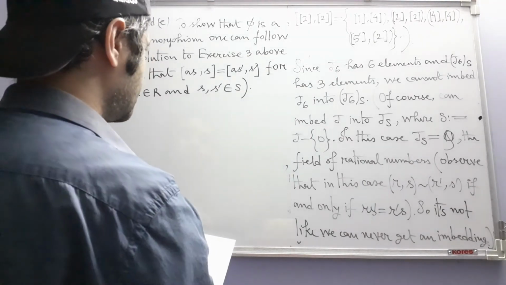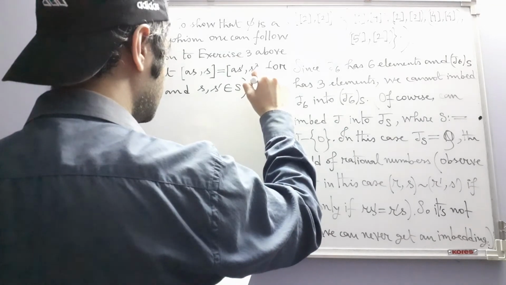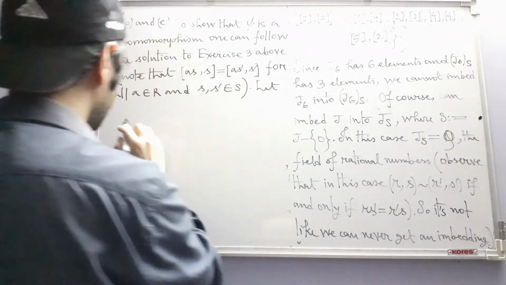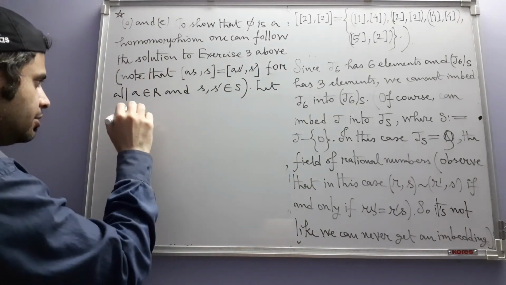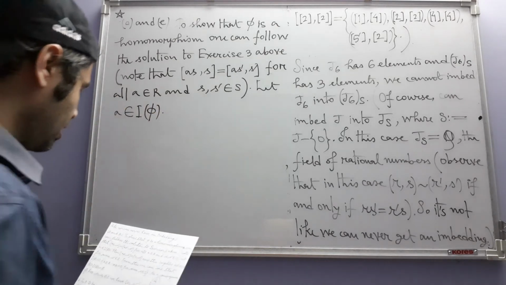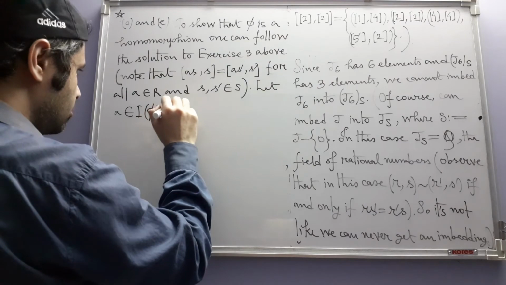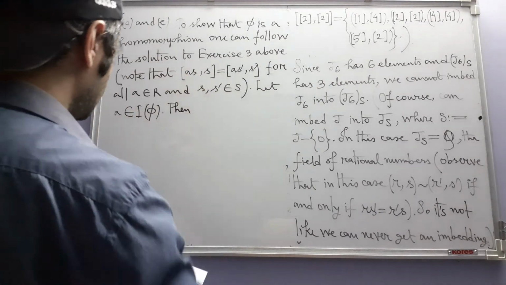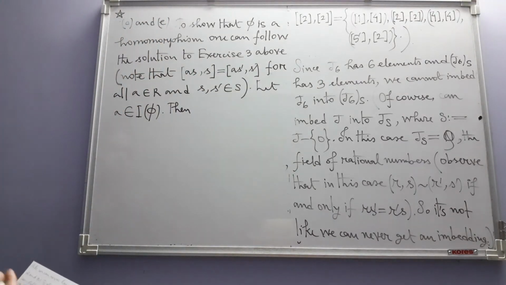Okay, now we come to the question of kernel. So let a be any element in the kernel of phi, then the image of a under phi will be the zero element.